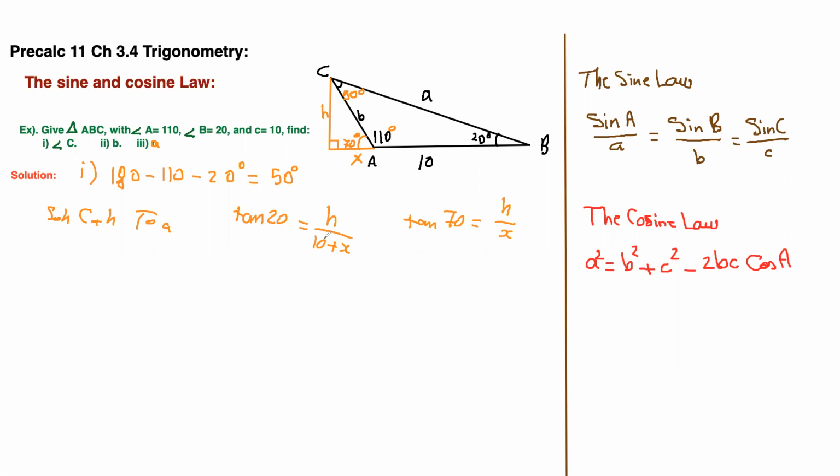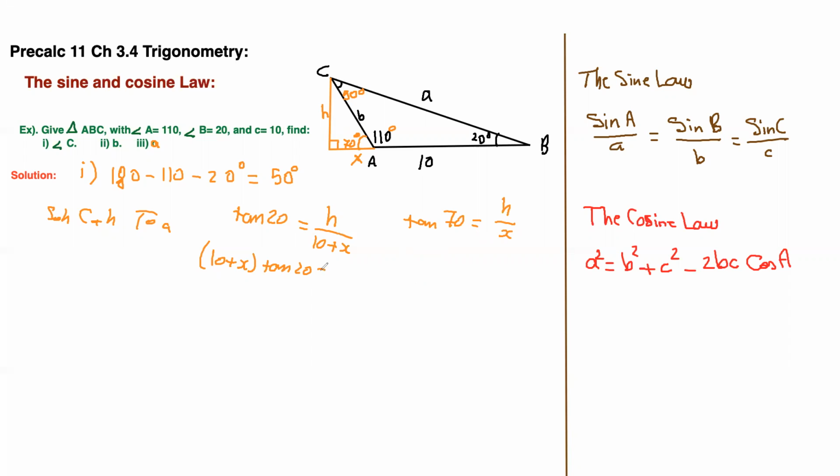So just cross multiply. So you'll have 10 plus X in brackets, tan 20 equals, I'm going to cross multiply this into here as well, and that will give me X tan 70.